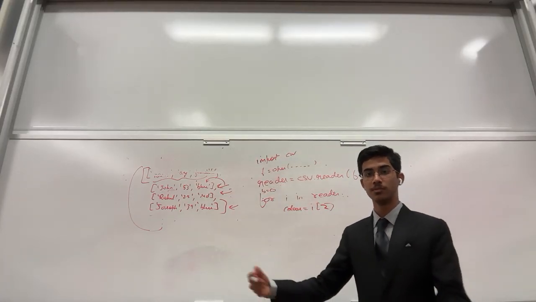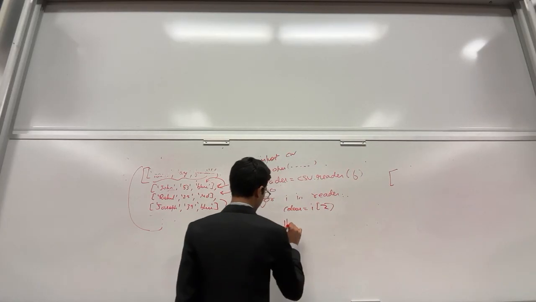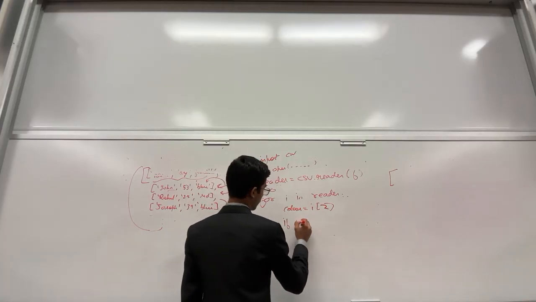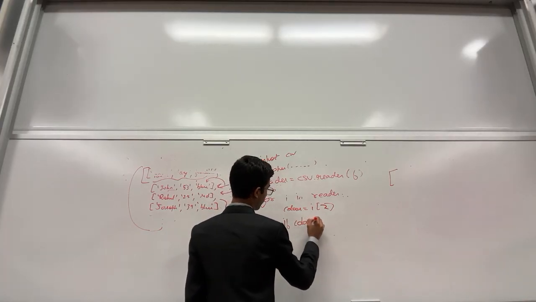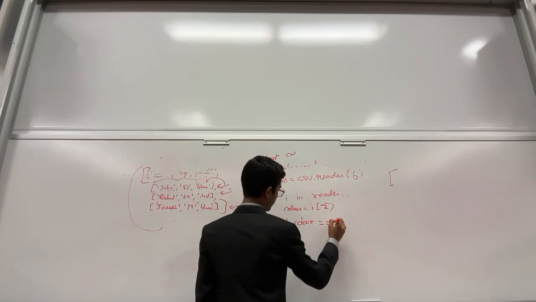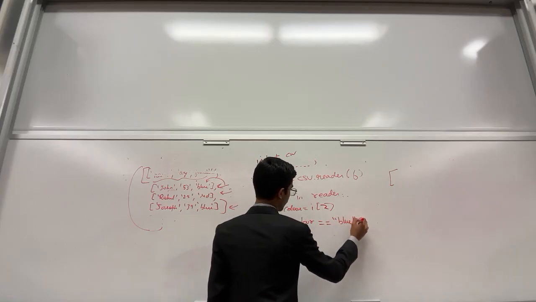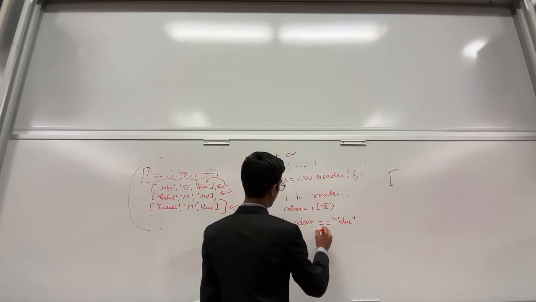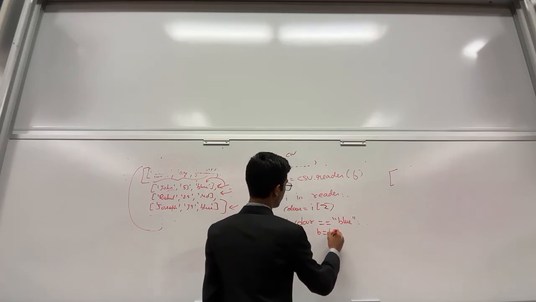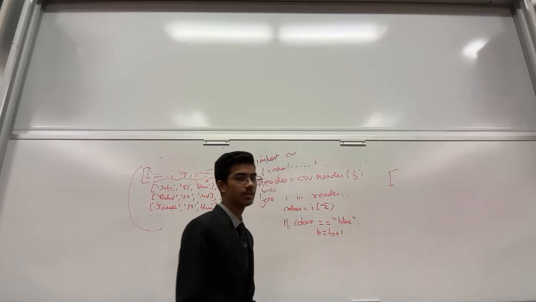Now I want to check if it's blue. So I'll write if color double equals to blue, B is equal to B plus 1. So initially it's 0.